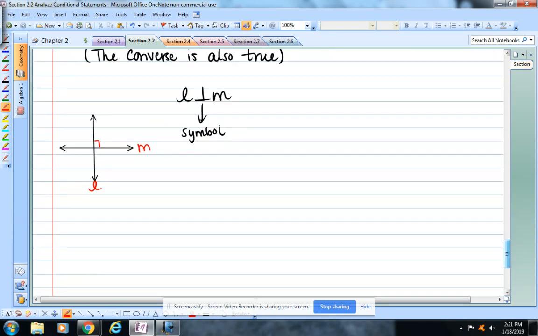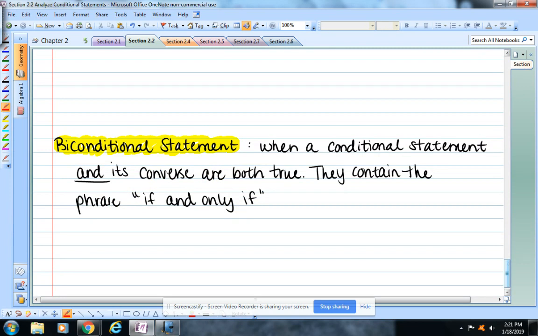So, this term right here, biconditional statement. If a statement in if-then form and the converse are both true, then we call this a biconditional statement.